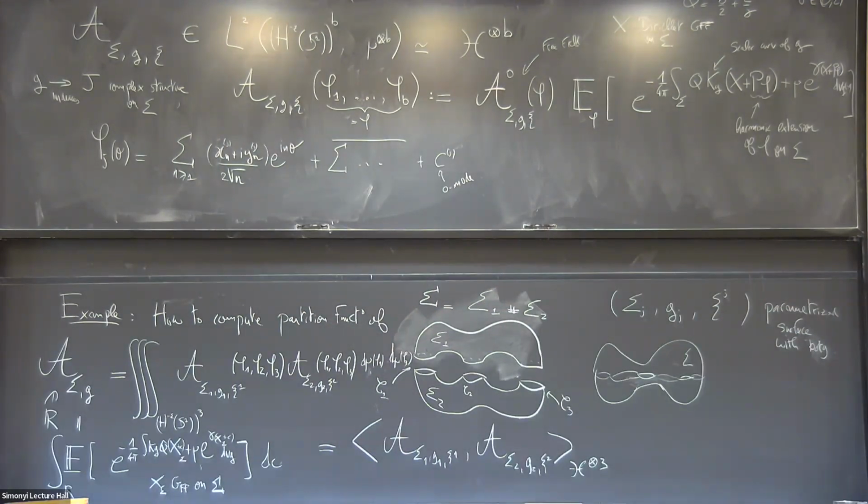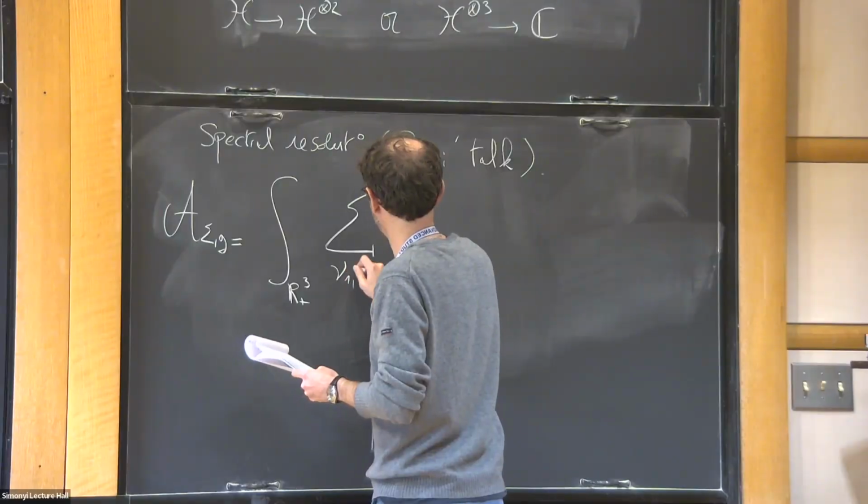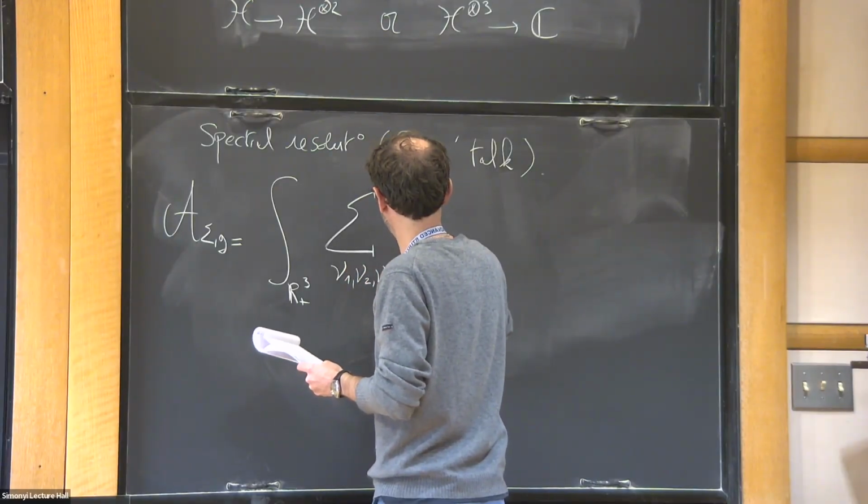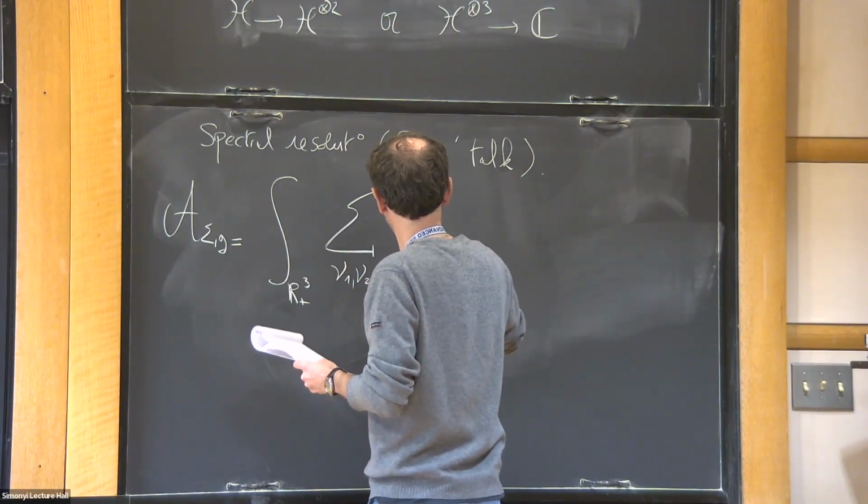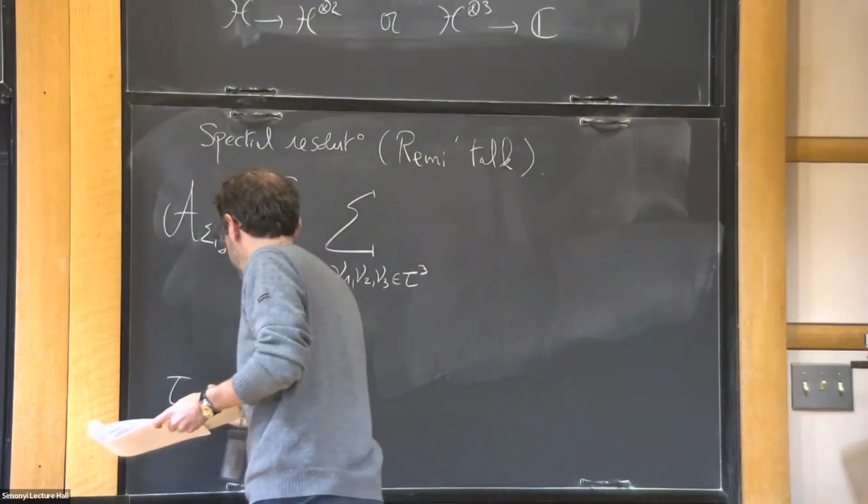So what you get is that A of sigma G is just the integral over R plus to the power 3, times the sum over Young diagrams mu1, mu2, mu3. T denotes the set of Young diagrams.